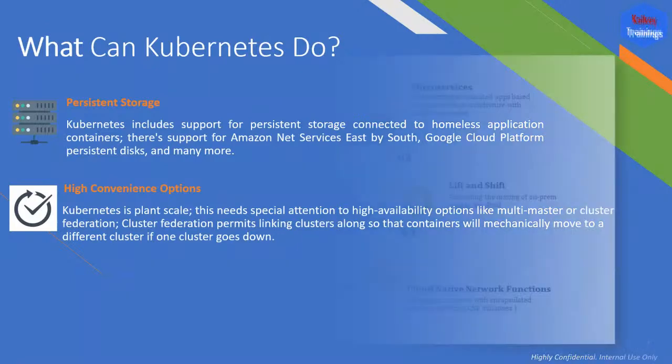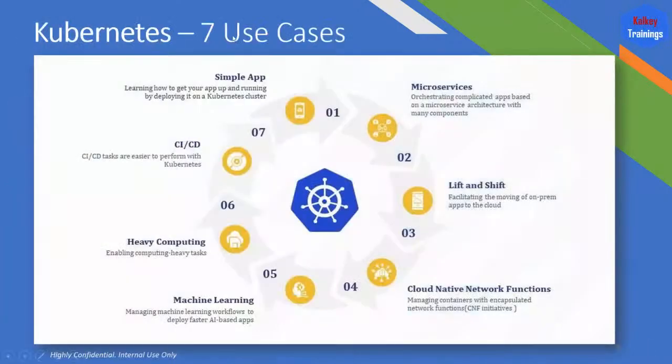So these are the 7 important reasons why industry has adopted Kubernetes. The computing industry, the computing world, all the companies, the big 5, have adopted it, because there was a market study and they found the simple app, microservices, lift and shift.